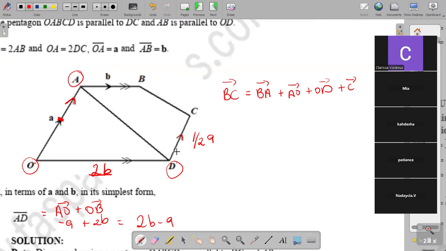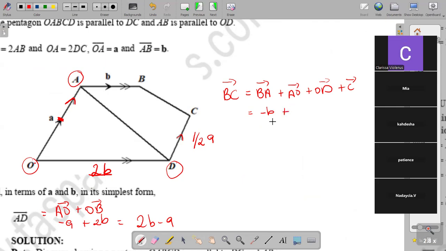So all of these here got letters. So let's go. What is this going to become? BA is what? What is the small letter for BA? Negative B. Pay attention to the direction. Remember, BA is going in the opposite direction. Good try. Let's go. Try this one now.